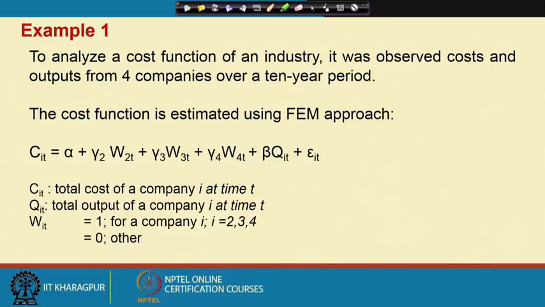Now, since it is an industry problem, we are clubbing all the companies together, and within the pool of all companies we would like to investigate the relationship between output and cost, and within the particular pooling, we would like to check which particular company is more effective. So, the idea is to justify which particular firm is more efficient so far as cost is concerned.